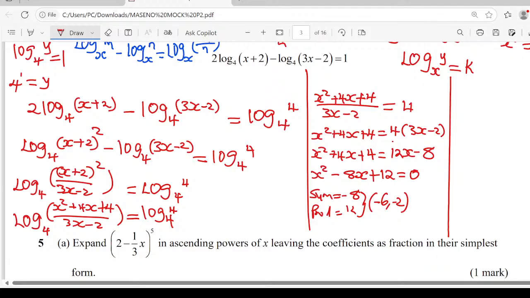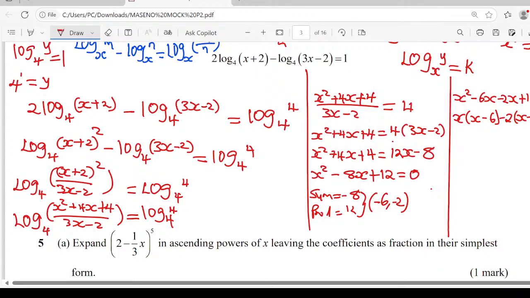Now, having it like that, we are going to have x squared minus 6x minus 2x plus 12 being equal to 0. Then I'll have x into x minus 6 minus 2 into x minus 6 being equal to 0.